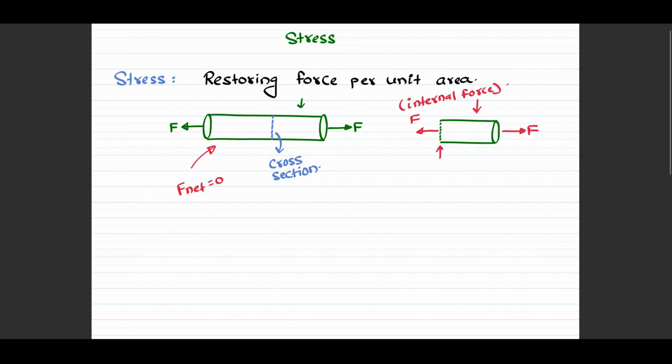So stress at this cross section is represented by this sign sigma. Stress at this cross section that we have taken will be F divided by the area of this cross section.